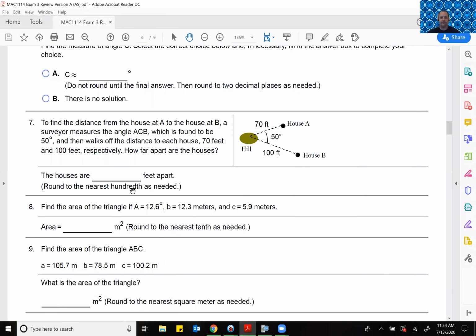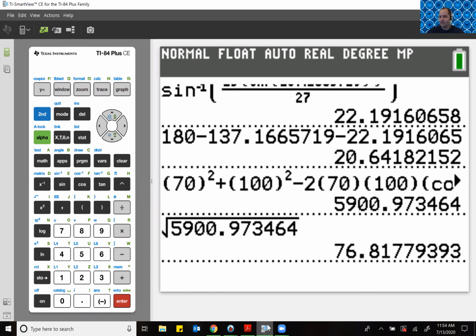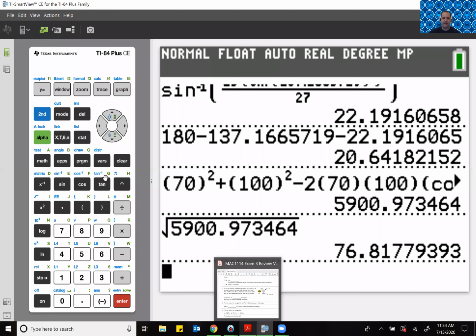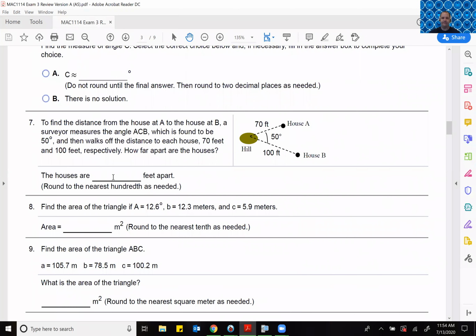Nearest hundredth, so 2 decimal places. So 76.82 feet. And there we go. So in here, 76.82 feet.